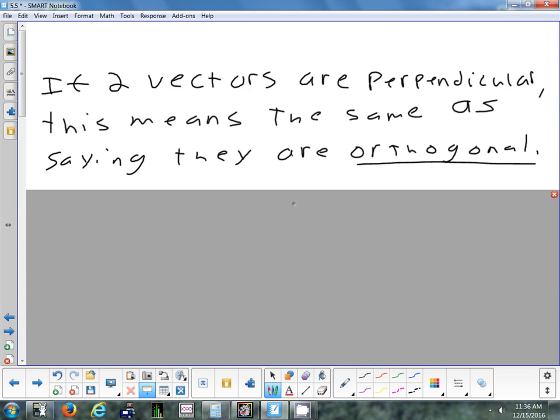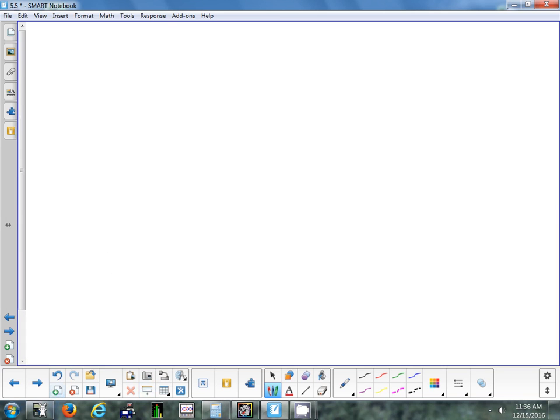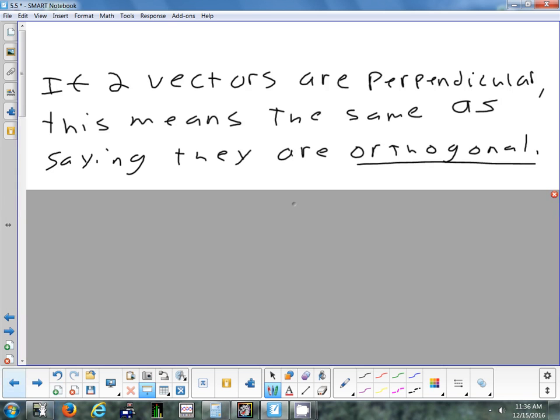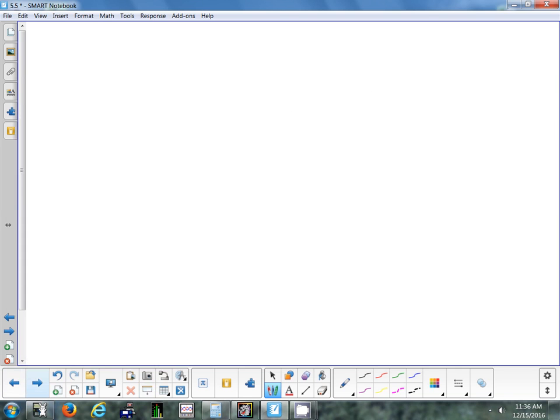Now, there's a shortcut to finding if two vectors are orthogonal. You don't have to go through the whole formula. If two vectors are orthogonal, it means perpendicular. And what's the angle if two things are perpendicular? 90.